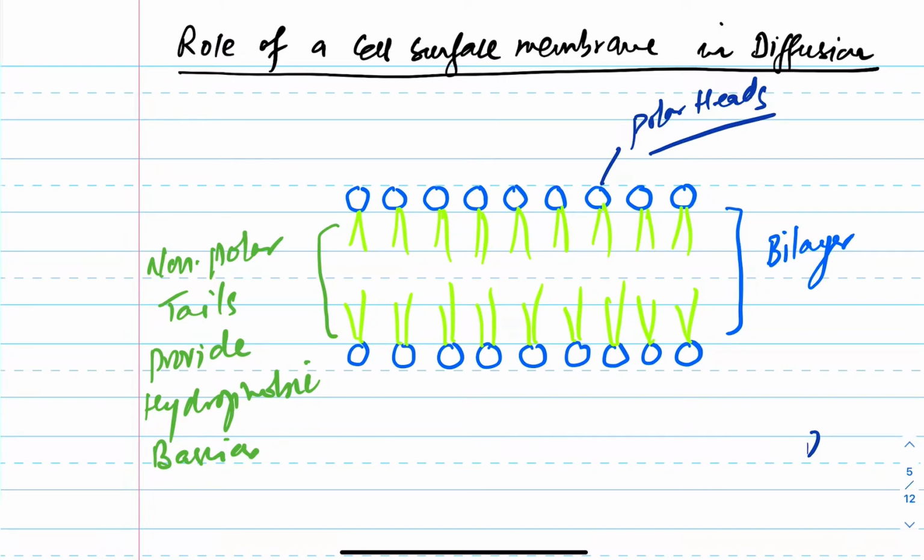So any non-polar molecules like glycerol can move from high concentration to low concentration. If it is high concentration on the outside, it can move into the cell.